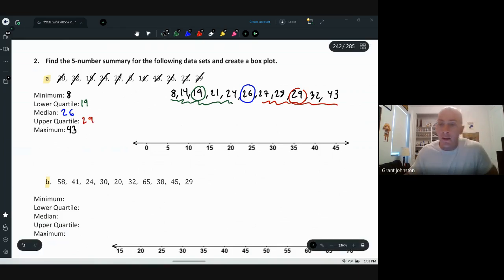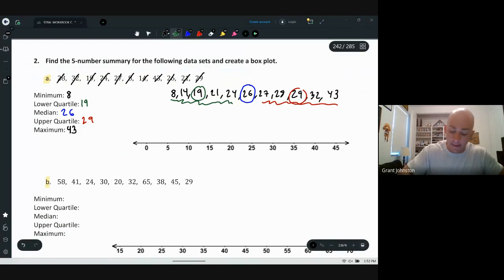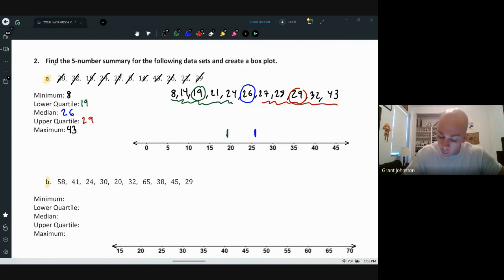So if I create this box plot, the box is from the lower quartile to the upper quartile. So 19 would be, or they might call this quartile 1. The median's at 26, just estimating there, and the quartile 3, or the upper quartile, is at 29. So this is my box.